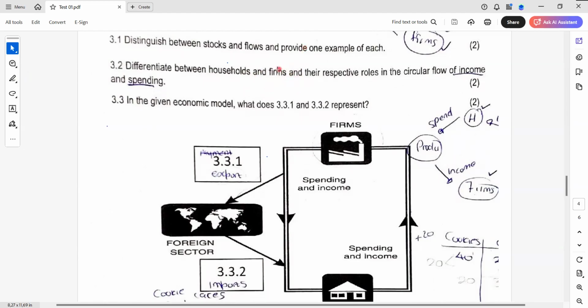The firms purchase factors of production from the factor market to use in the production process in order to produce final goods and services. Yeah, I think that is all with the firms. And then they're going to sell obviously these goods and services. They're going to sell them where? To the product market.